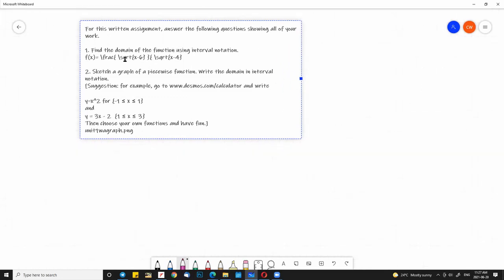Find the domain of the function f of x equals, we have a fraction, square root x minus 6 over square root x minus 4.